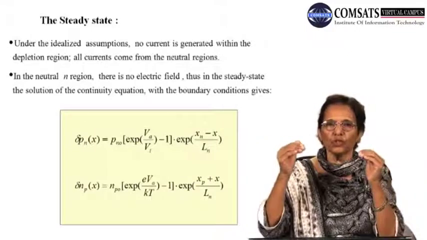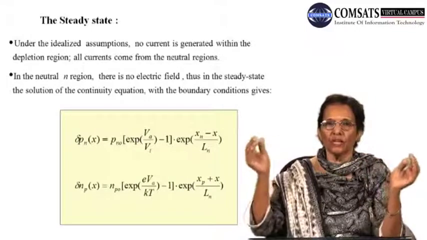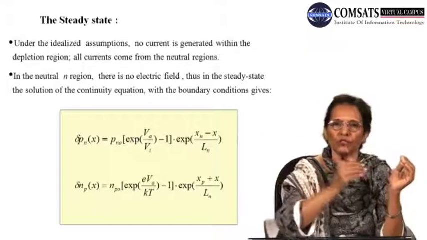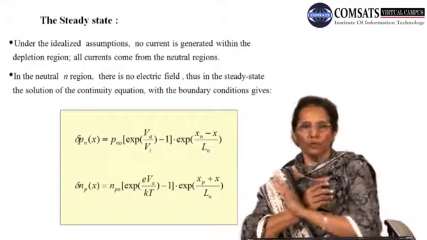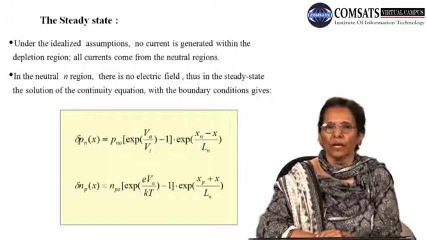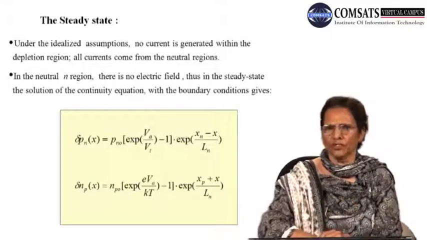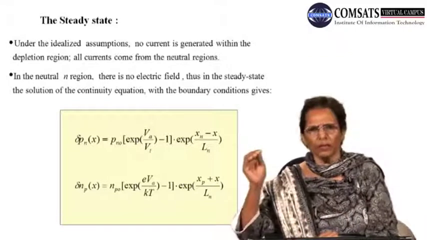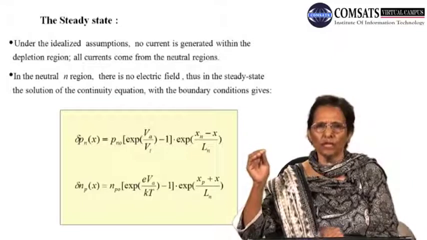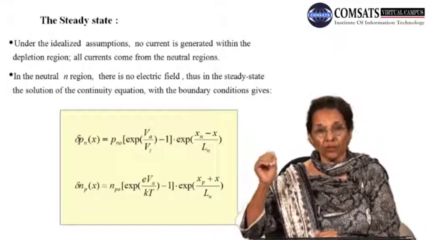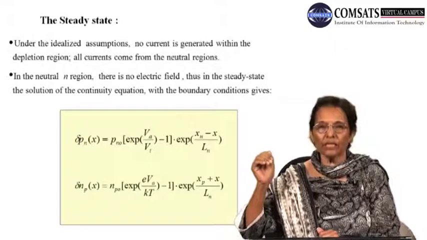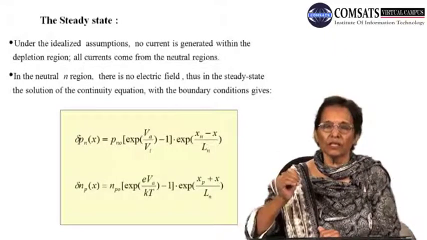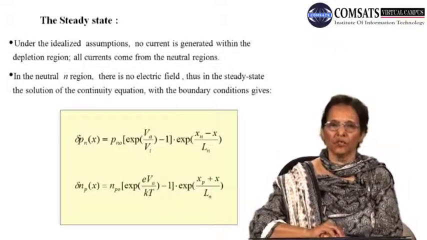Hence the carrier motion across the depletion region arises due to movement of charge carriers from P and movement of charge carriers from N. I'm using the term charge carriers at this point because in the P region holes move under diffusion, while electrons in the P region, minority electrons, move under drift conditions.